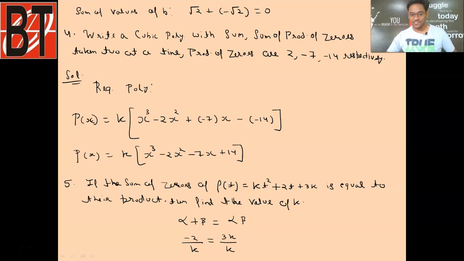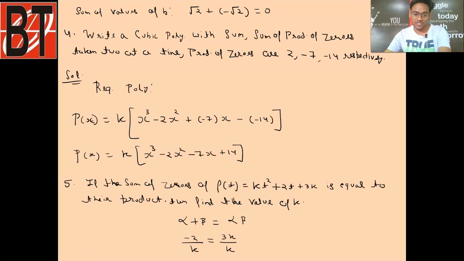Okay, now students, how will we do the further simplification? See, on cross multiplying, 3k square will be equal to minus 2k. Okay, bringing this here it becomes 3k square plus 2k is equal to 0. Okay, now students you can check here, k is common, so it will become k times 3k plus 2 is equal to 0.